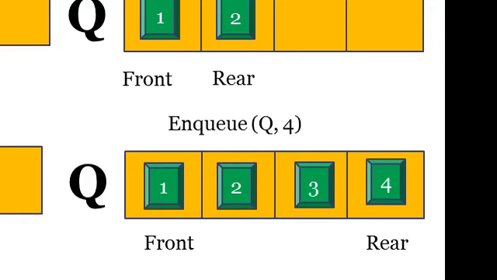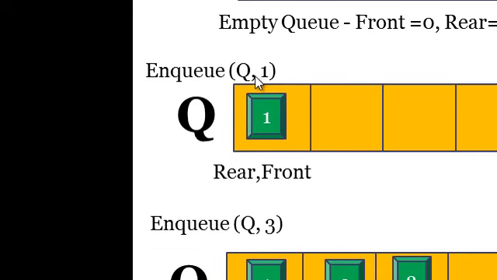That can be done by calling the NQ method, passing the respective element and calling the function NQ in a sequential way. So let's see, NQ of Q, 1 means that 1 has to be inserted now. Since the queue is empty and this is the first element, we increment both rear and front, because whenever you insert you have to keep track of the rear pointer, because at that rear people will come and stand.